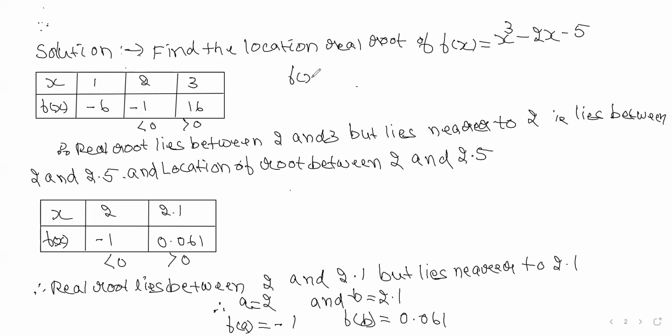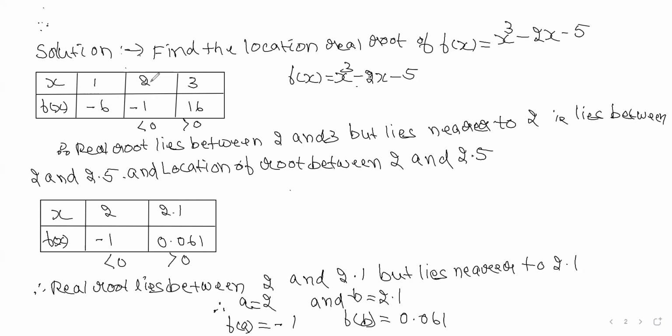Look here, f(x) equal to, you can write this: x cube minus 2x minus 5. Then equal to button. Say equal to button, then equal to button.